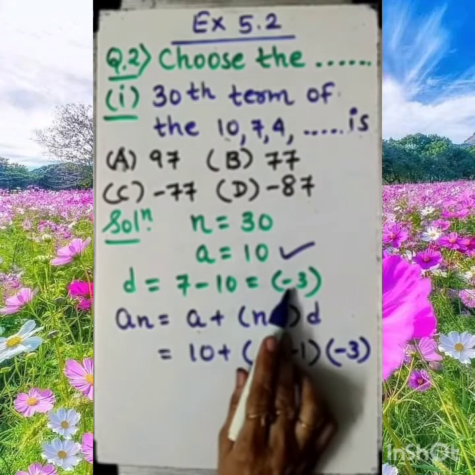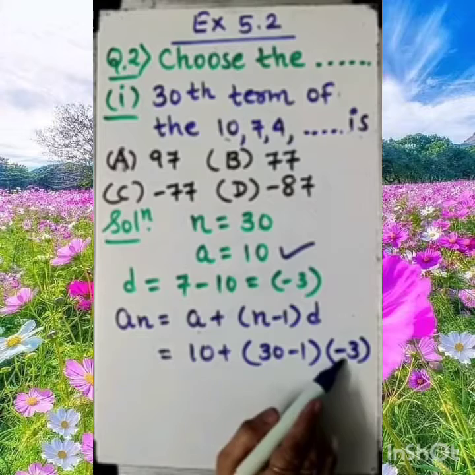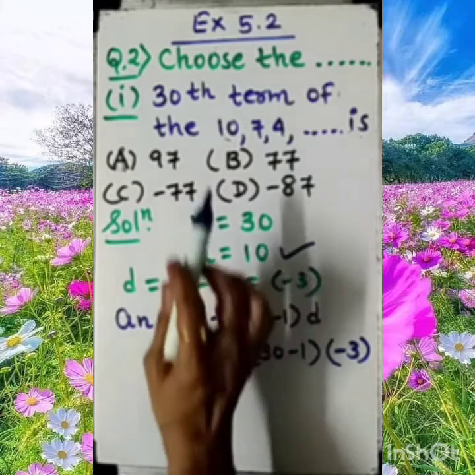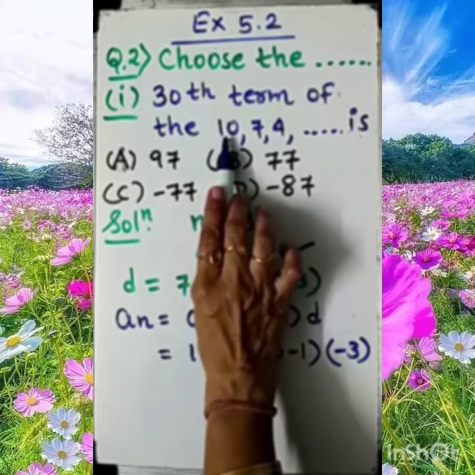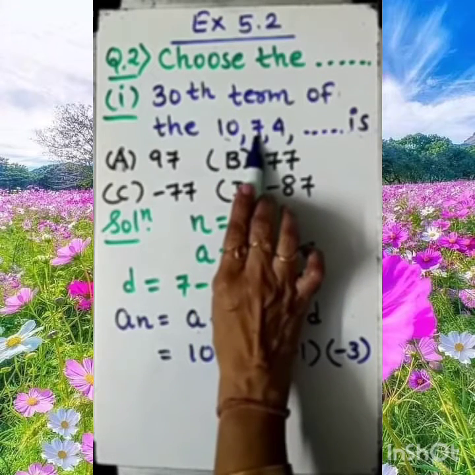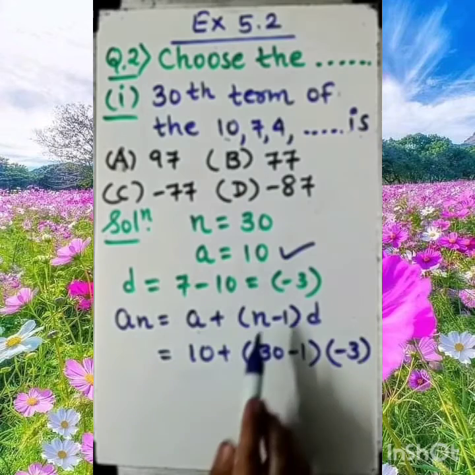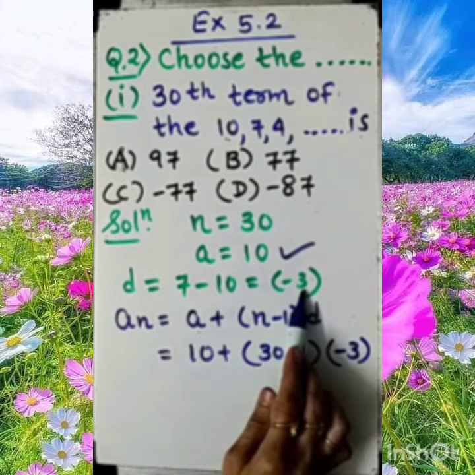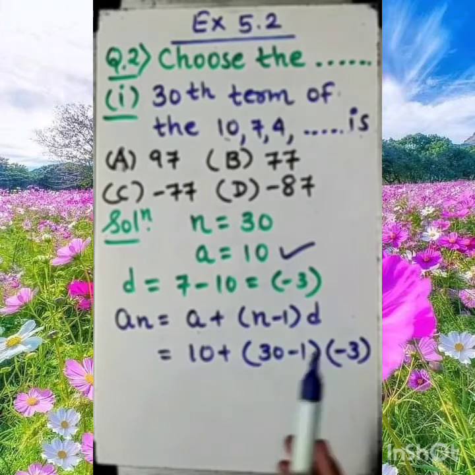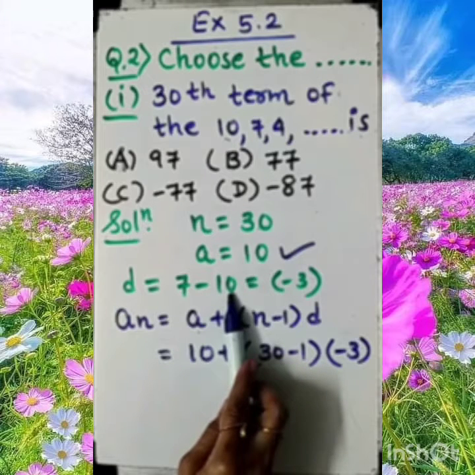Don't miss to write minus 3 here. By mistake, if you apply 10 minus 7, the difference of first term minus second term, then here it will be 3 and that is wrong. So be careful, it is a2 minus a1 always.